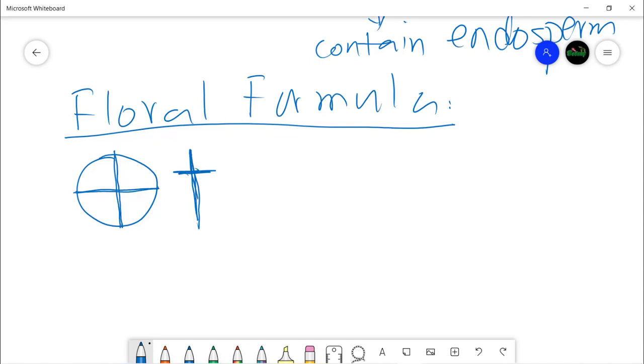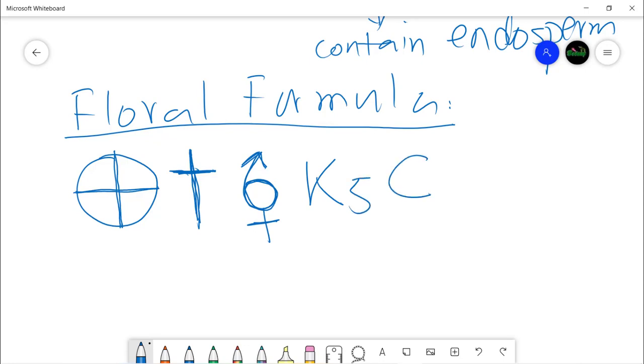So this symbol is for zygomorphic. And then the sex of the flower. Mostly the flowers are bisexual, as we have already seen. So this is the bisexual symbol for both male and female. And then the floral parts, we have K5, they are free.